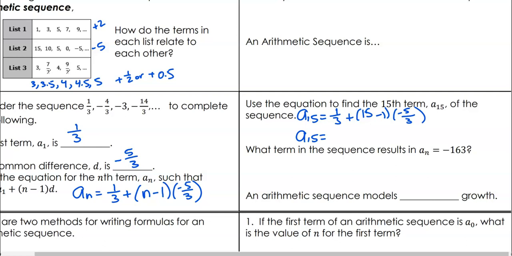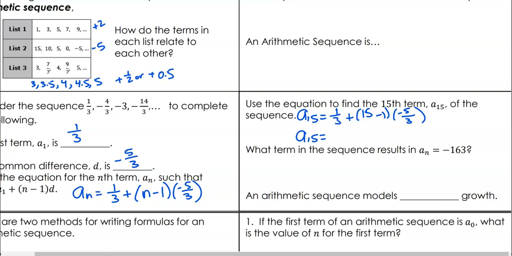So when we plug that in, what do we get? That becomes 1/3 plus 14 times -5/3. Okay, Jude got -23. I'm going to need 2 more people to confirm, because we know calculators are silly if you make a small mistake.